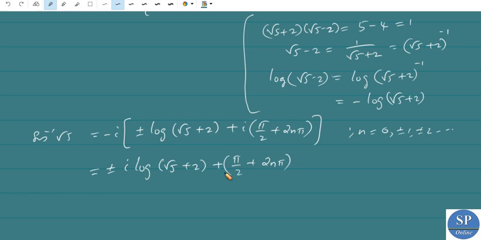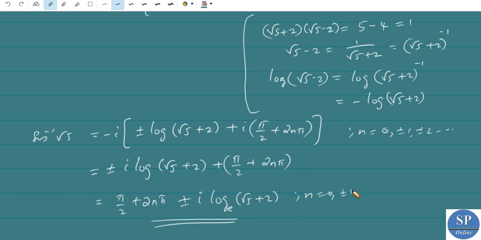Okay, so the value of sine inverse of root 5 is nothing but pi by 2 plus 2n pi plus or minus i into log of root 5 plus 2, basically for n equal to 0, plus or minus 1, plus or minus 2, etc. These are the values of sine inverse of root 5. Okay, thank you.